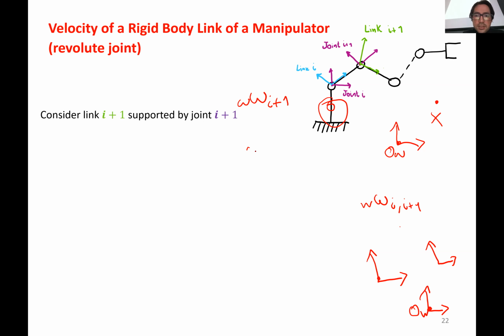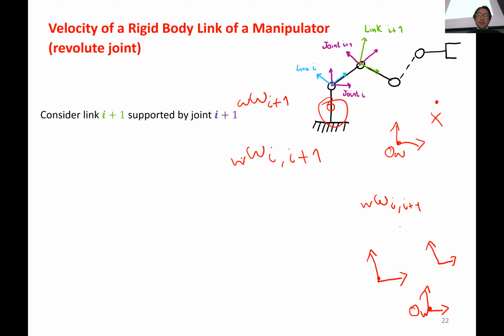Now the velocity i comma i plus 1 expressed in the world frame is just the velocity between link i and link i plus 1. So it's just the contribution of that specific joint to the overall angular velocity. But I open up parentheses. You're right, the notation is not so clear.